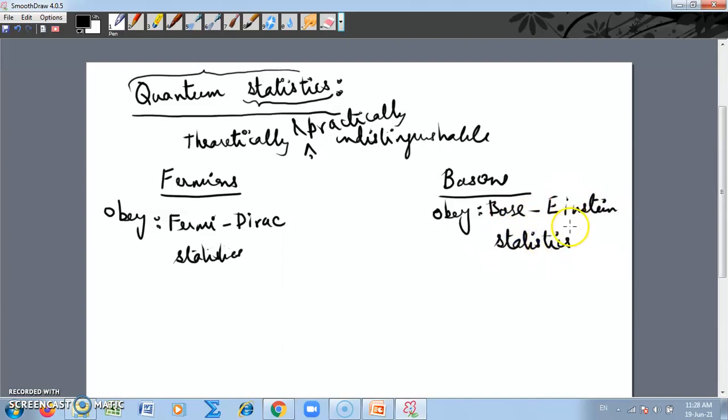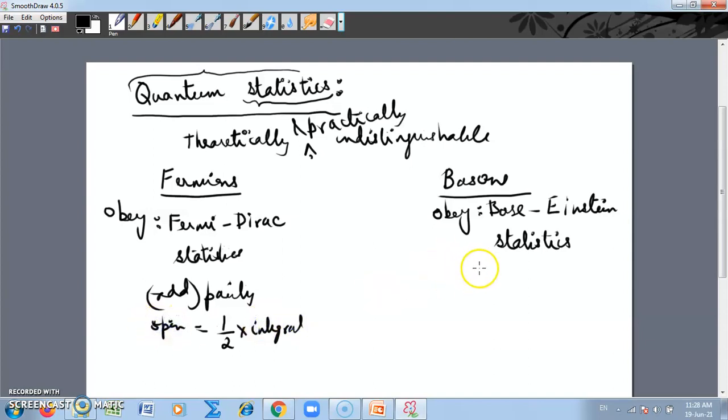So these are two statistics, and in the case of Fermi-Dirac statistics, the particles have got odd parity and they have a spin which is half integer, so it's also called half integral spin.